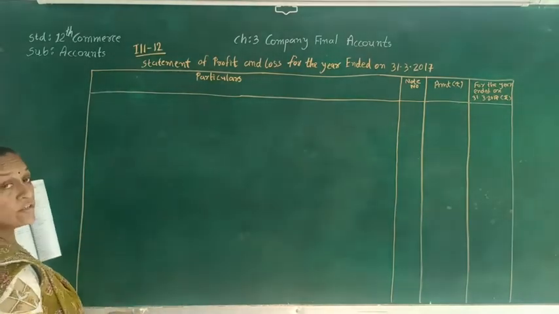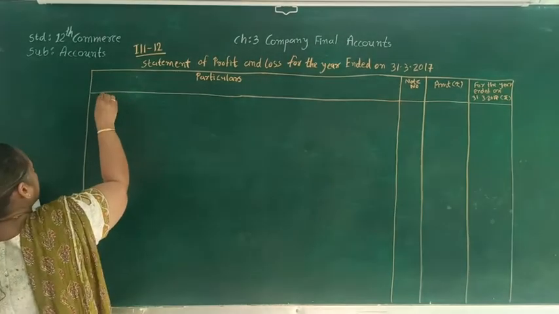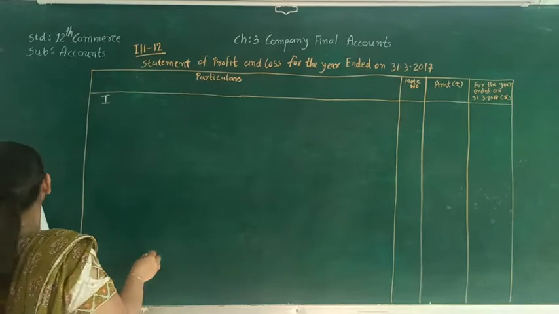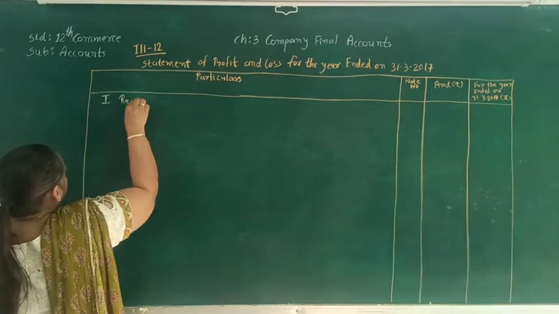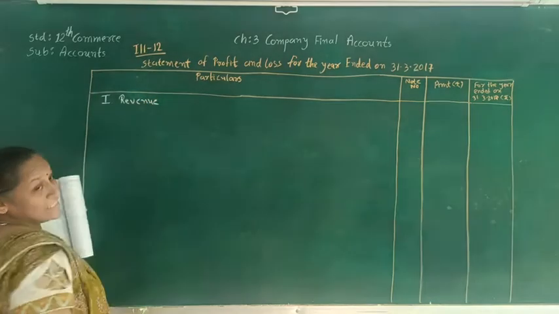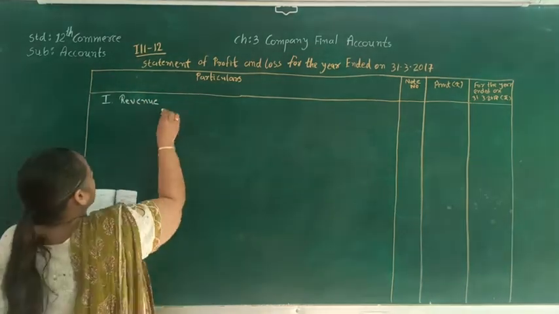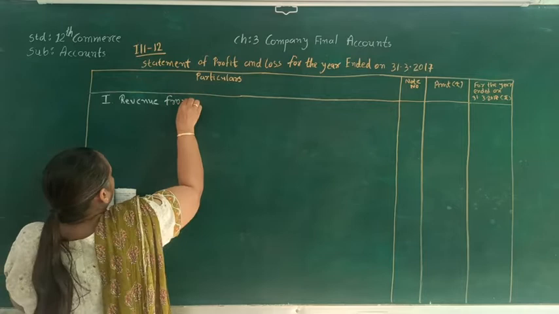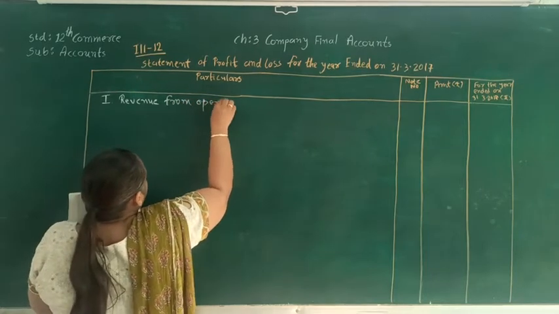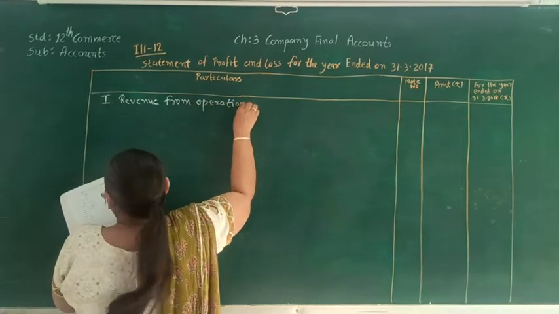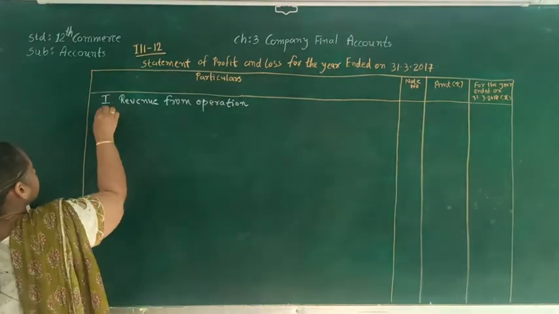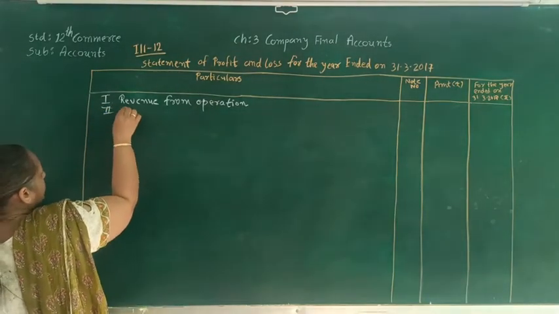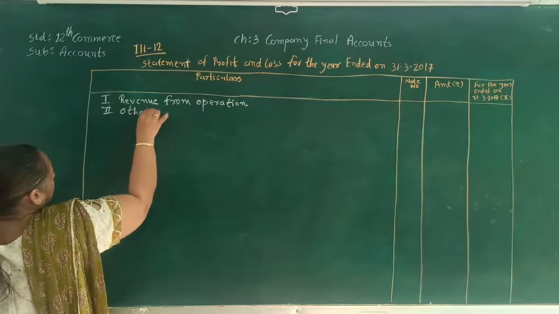So here in Schedule 3, the very first thing is revenue from operation. That is also called sales. The next heading is other income. So the second heading is other income.